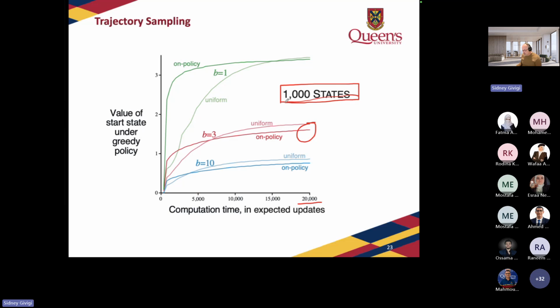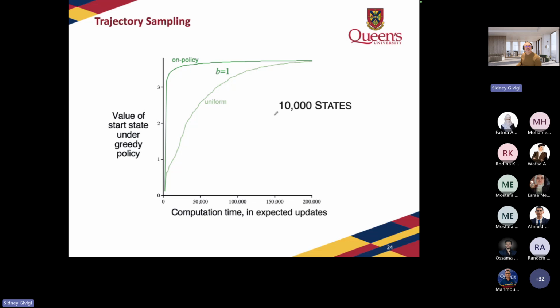In reality, as I told you before, you're talking about millions of states or billions of states, okay? In those situations, the uniform will not be able to cover the whole space. And here is just for you to see that even when you have 10,000 states, which is not a lot, now the uniform is not going to be able to outperform the on-policy. So on-policy is going to be way more efficient.